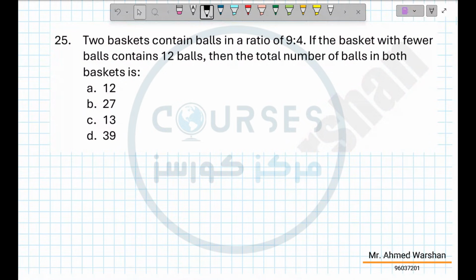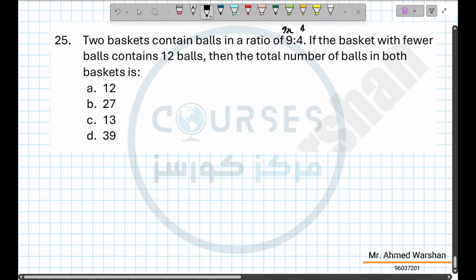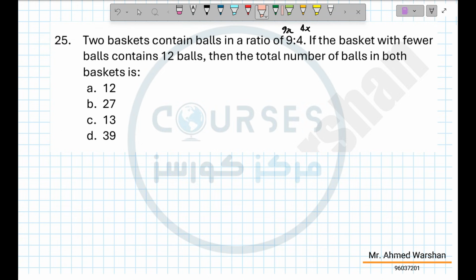2 baskets contain balls in a ratio of 9 to 4. If the basket with the fewer balls contains 12 balls, then the total number of balls in both baskets is... We can solve this either by comparison or as an equation. In ratios, we normally know that this is 9x and this is 4x. He said the fewer one contains 12. The fewer one is 4x. So now you would have 4x equals 12, divided by 4, divided by 4.